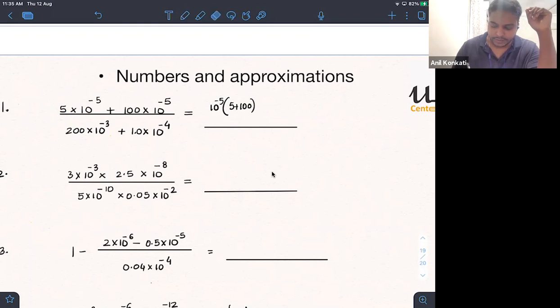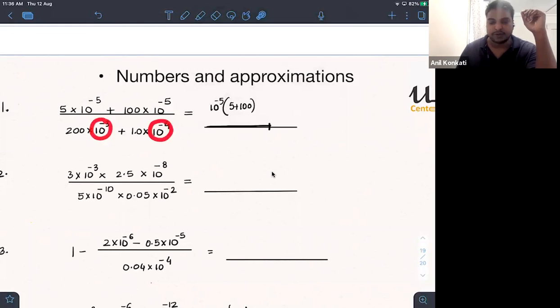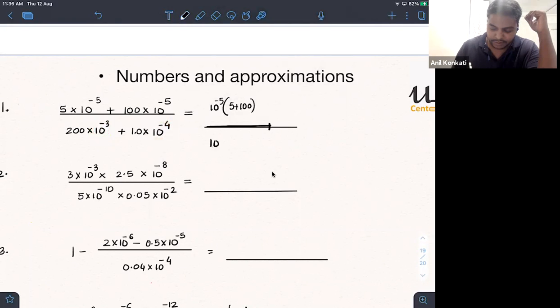That entire thing is divided by, I'll write this as divided by how much it is. Here, I can make 10 raised to power of minus 3 common or 10 raised to power of minus 4 common. So I can take this as 10 raised to power of minus 3 common. So I will write this as 200 plus, this is 10 raised to power of minus 4 na beta.